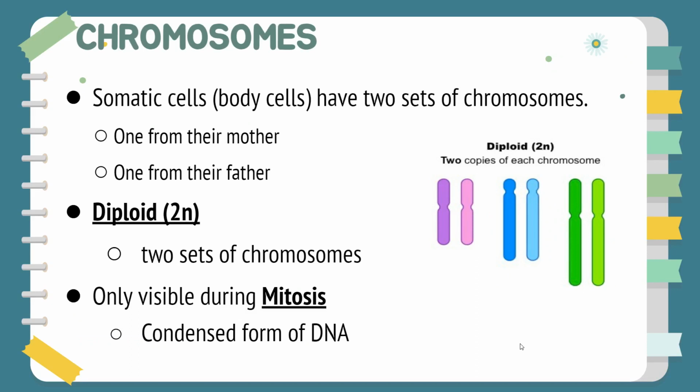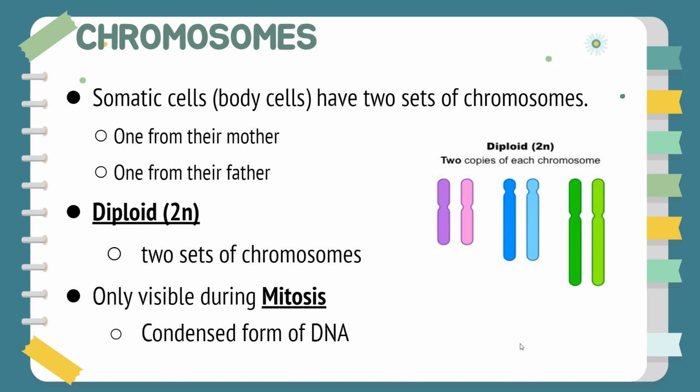Elaborating on chromosomes, there are a few important things to note. Organisms have two types of cells: somatic cells, which is what we call all of the body cells, such as blood cells, skin cells, neurons, muscle cells, etc., and then gametes, which are the sex cells, either sperm or eggs. Each somatic cell contains two complete sets of chromosomes.